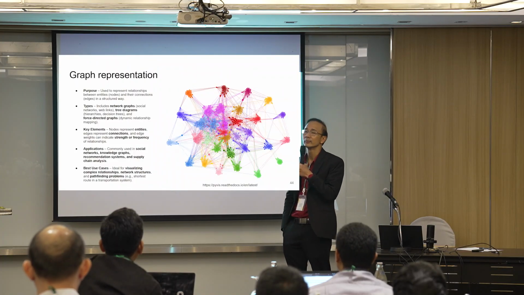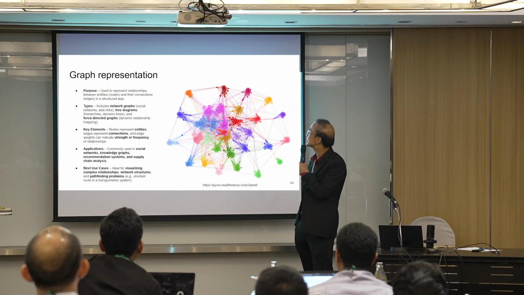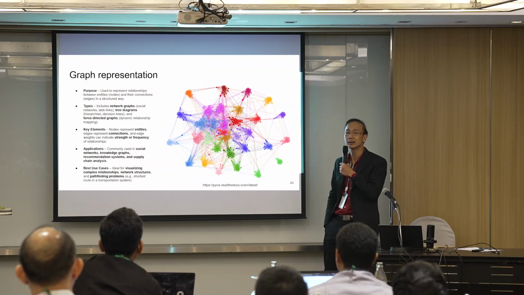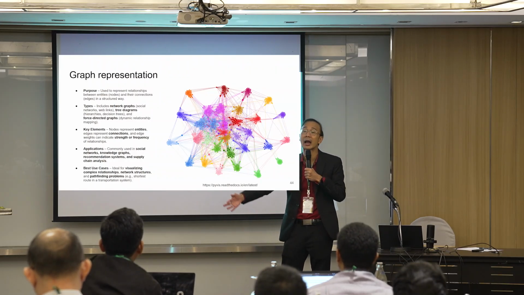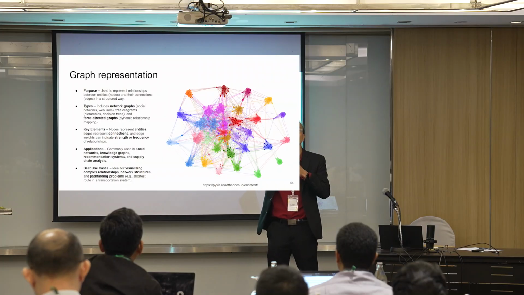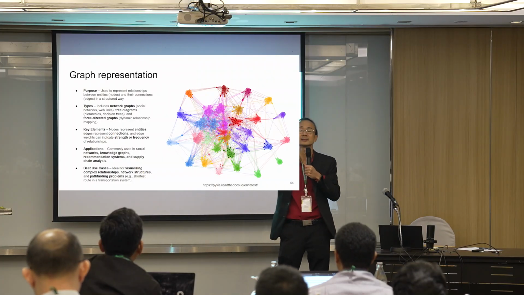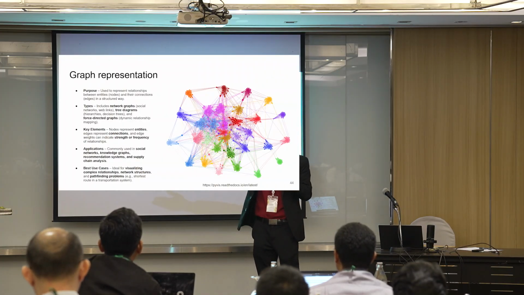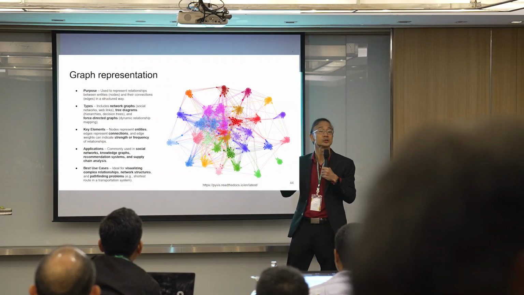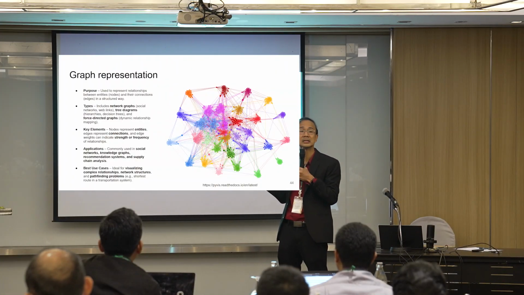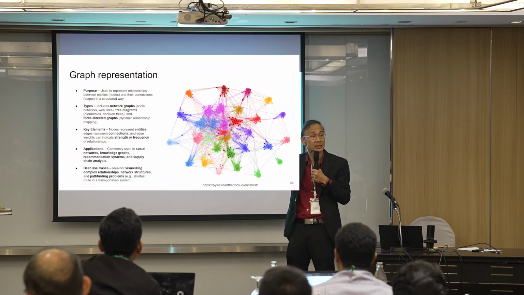I think we showed some examples, right? Sometimes for some types of data, especially for cyber attacks, maybe we can try to present using a graph in order to see the relationship of different sources that maybe have some connection with each other, right? If you talk about social networks, it's also quite typical to use a graph to present.